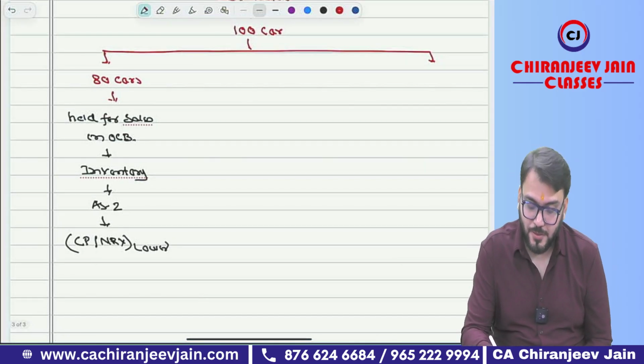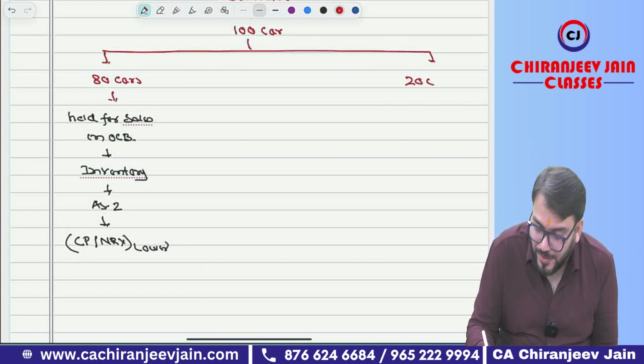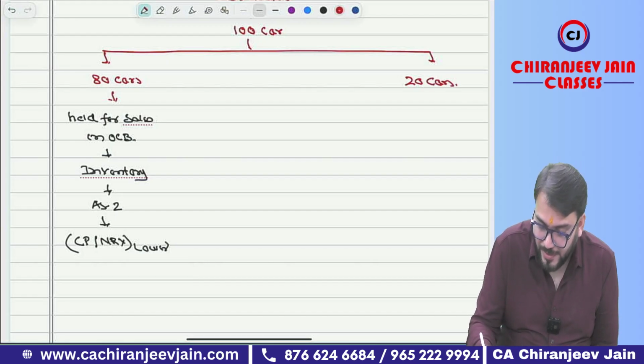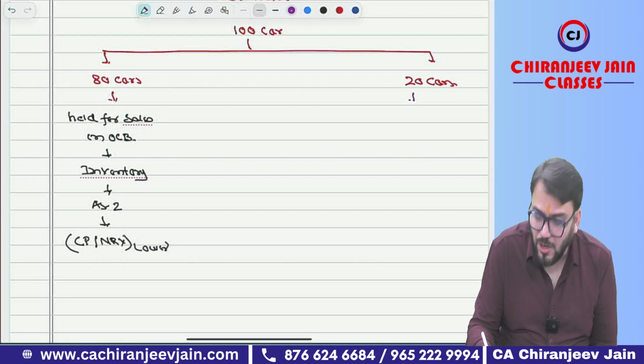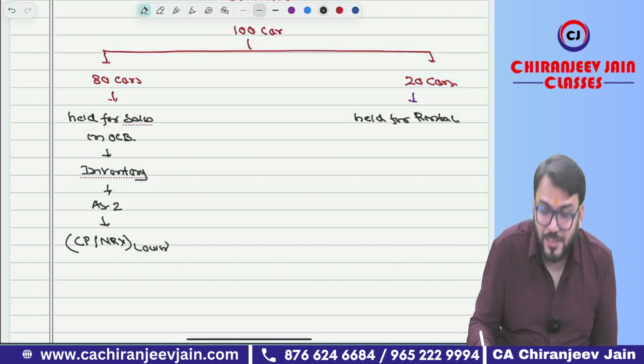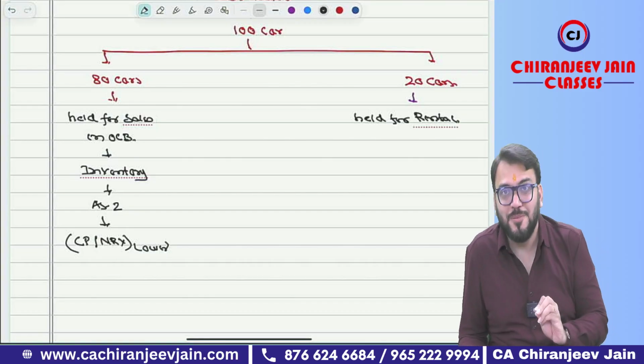Correct. But out of these 100 cars, 20 cars are not held for sale. They are held for rental to others. Now when I say held for rental to others, will it be classified as inventory or PP?